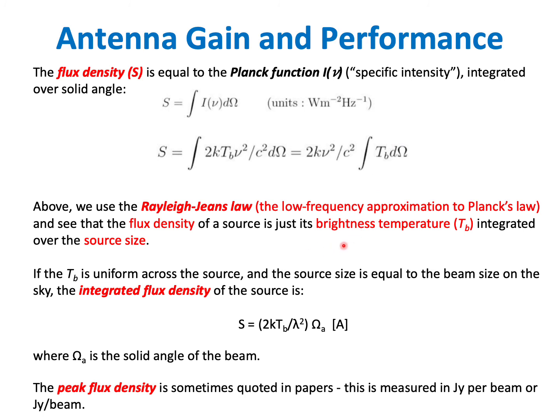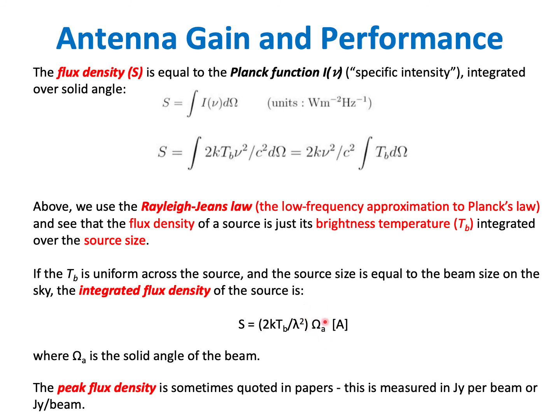Further, if our brightness temperature is uniform across the source, that becomes a constant and it can be pulled outside of the integral. So then you just have a constant times the integral over the source size. You just integrate over the source size to get the source size, and we have what's known as integrated flux density. So then you would just have this constant times the source size.